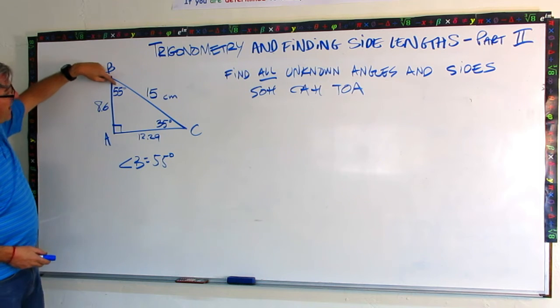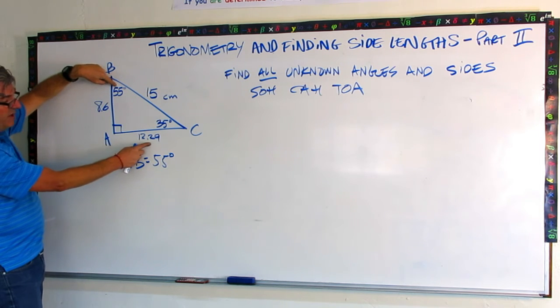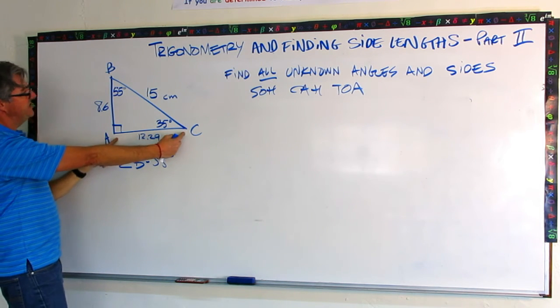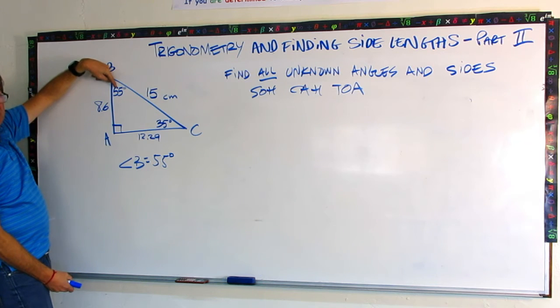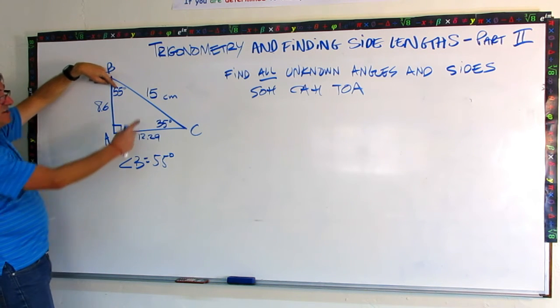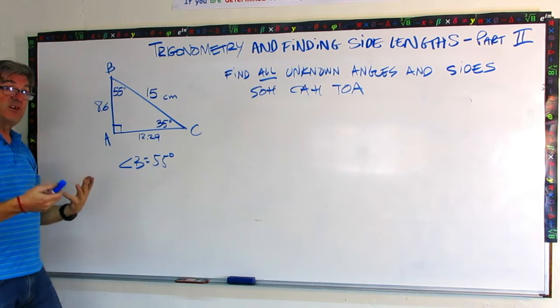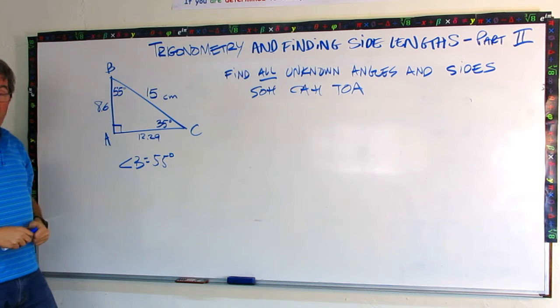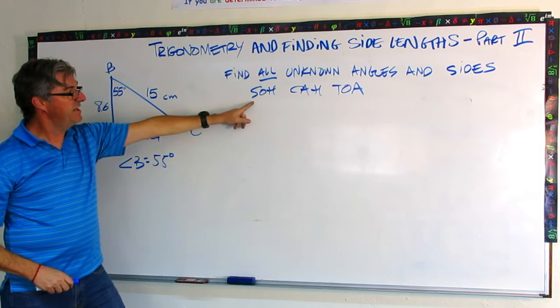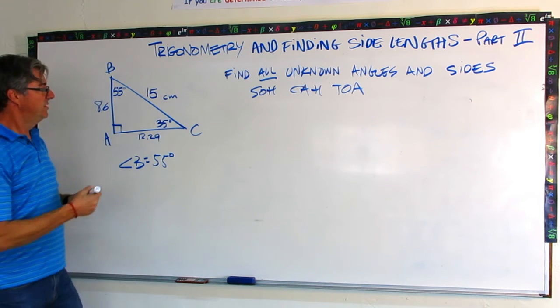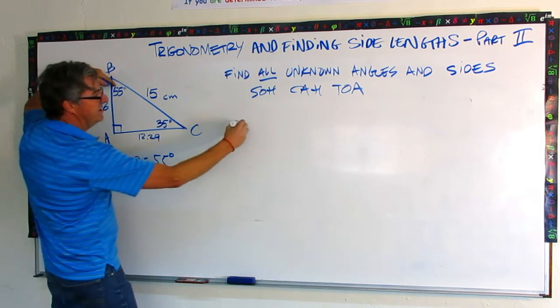All right, so if I'm standing in this angle and I want this side, what is AC to this angle? It's the opposite. And I know my hypotenuse, that's 15. So which function uses opposite and hypotenuse? That's sine, opposite over hypotenuse. So now I'm going to write this equation.